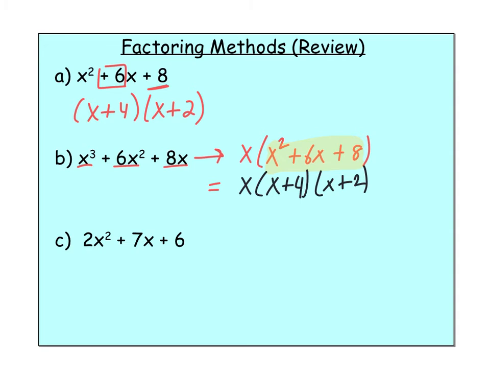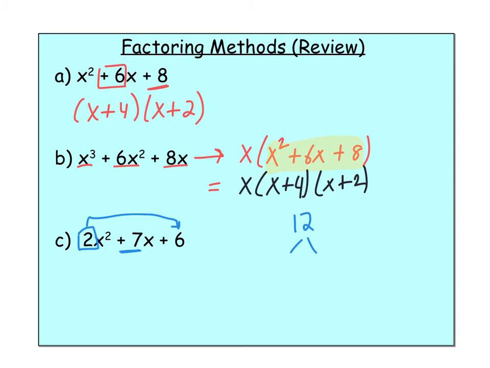And then on part C, it's just a quadratic again. This one we had the a value of 2 here, so it's a little bit more complicated. So the method that I like to use then was doing that a times c little trick here. So the 2 times 6 is 12. And what we're going to do is break down 12 into factors that add up to 7.